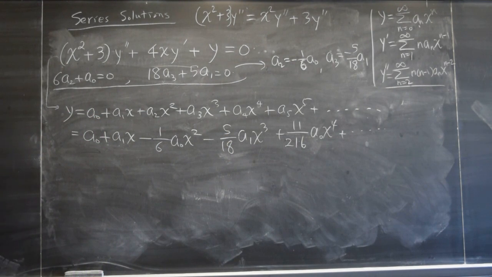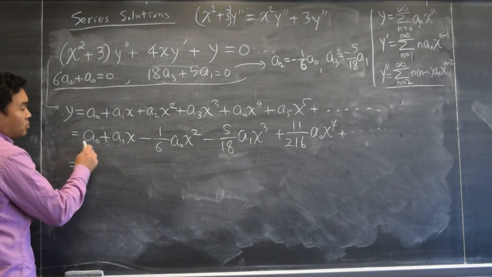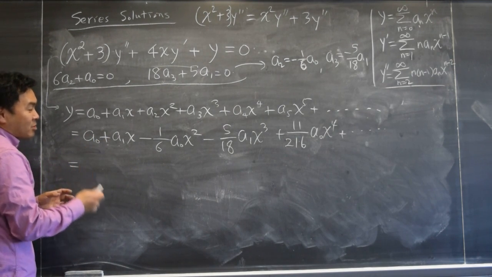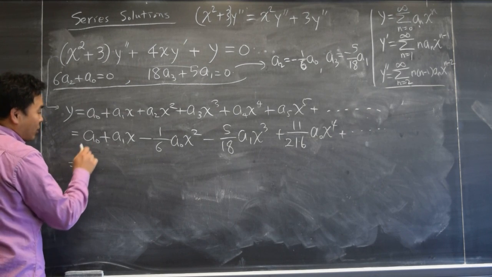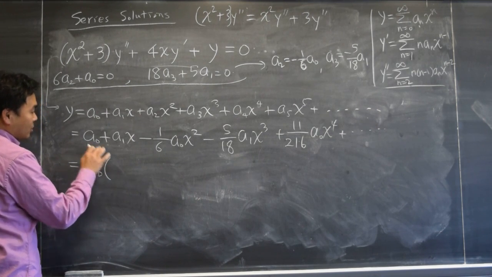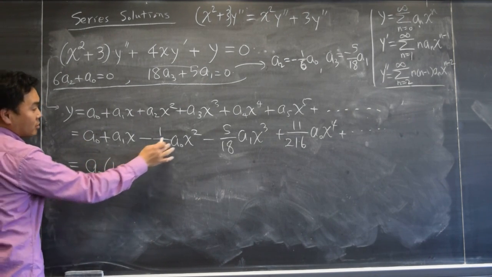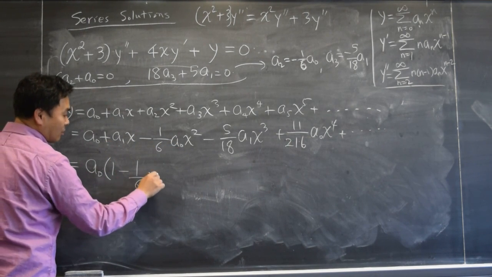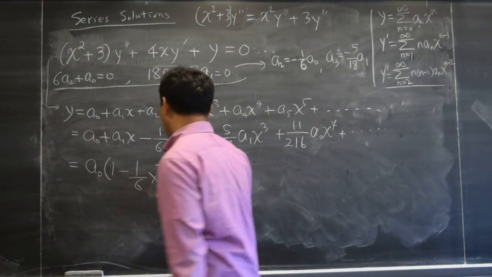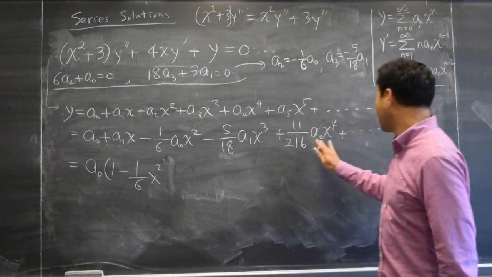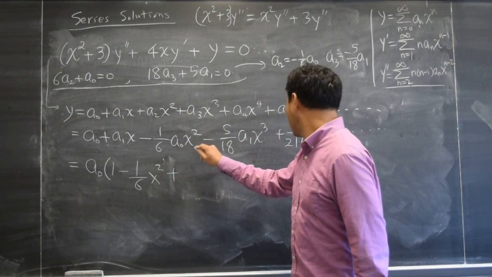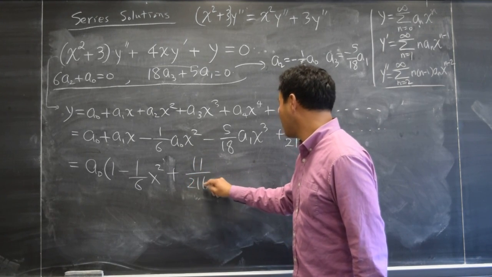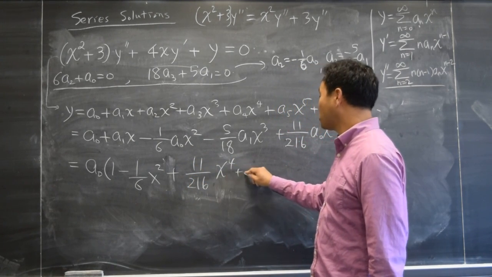You could also sort this out in terms of A0 and A1 and write A0 times 1, and if I take the A0 out, that's negative 1/6 of x squared, plus 11 over 216 x to the fourth, and then who knows what.